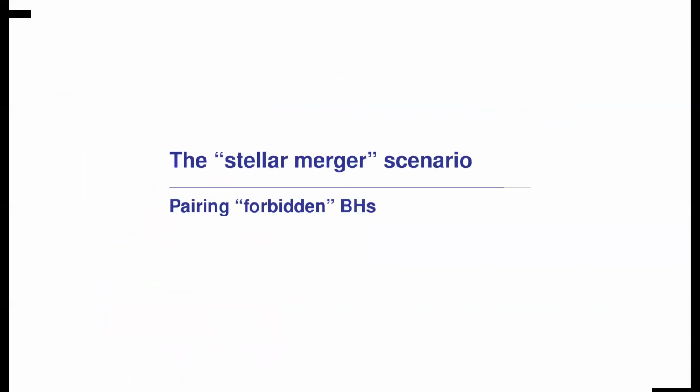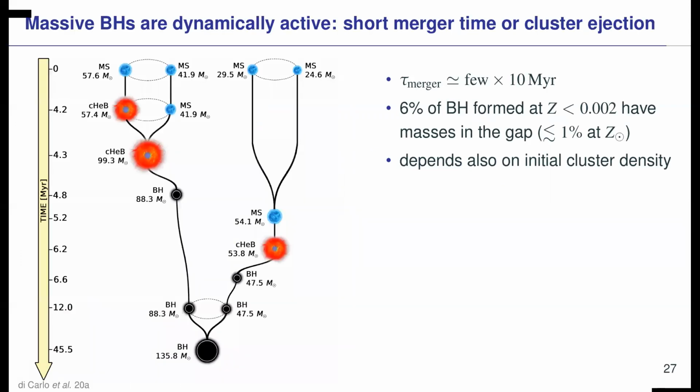And then finally, the part that has been worked on extensively is, even if everything goes well up to now, we made one black hole. And we need some dynamical process to form a binary black hole that merges within the age of the universe. The people that do n-body simulations find that this is possible.